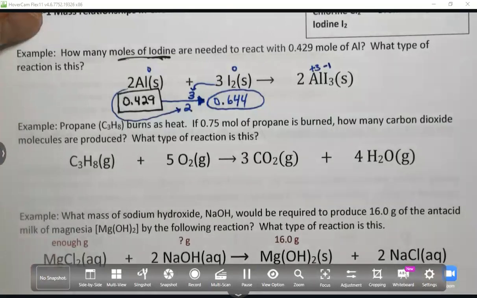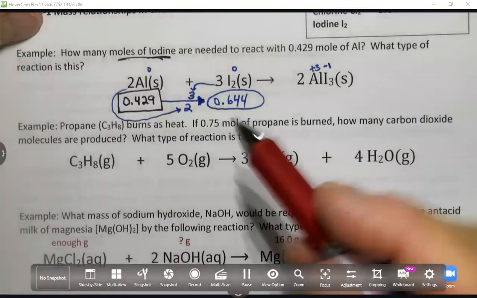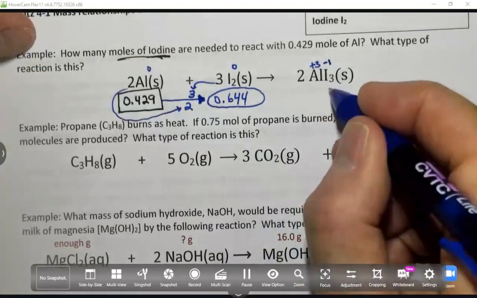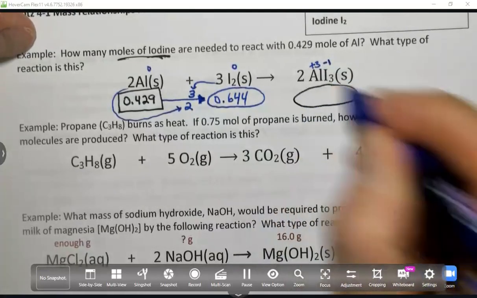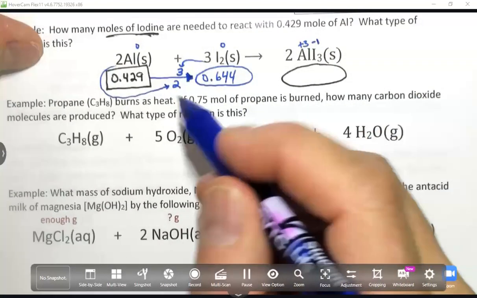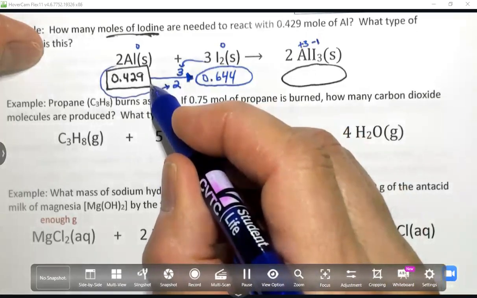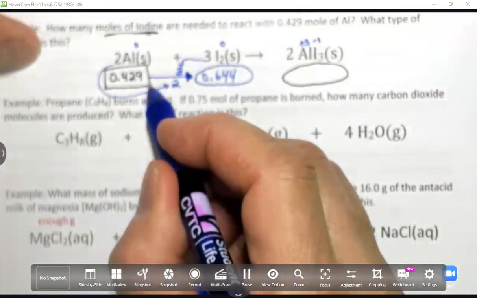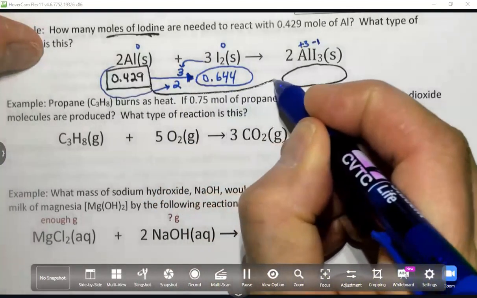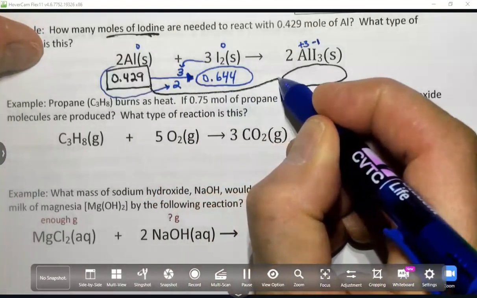Now, what if I wanted my moles over here of aluminum iodide? No big deal. I'm going to draw an arrow here now. I'm going to start with this moles again. Look at the simplicity of this. Please, please, please look at the simplicity of this.